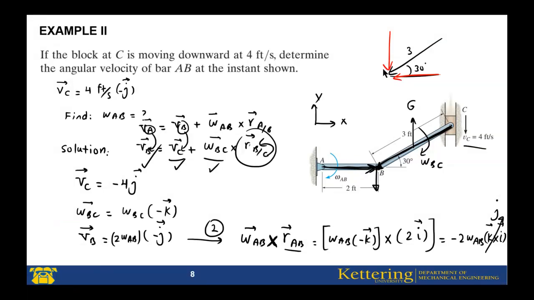What's the x component? 3 cosine 30. Okay. What's the y component? 3 sine 30. Yes. This one is 3 cosine 30, this one is 3 sine 30. Both are in negative directions.